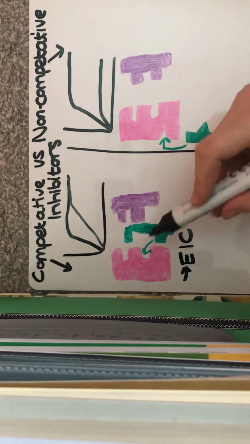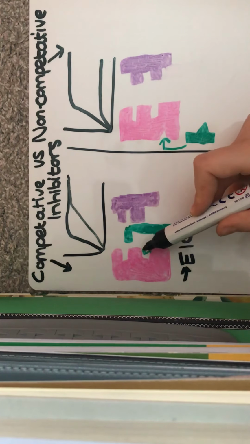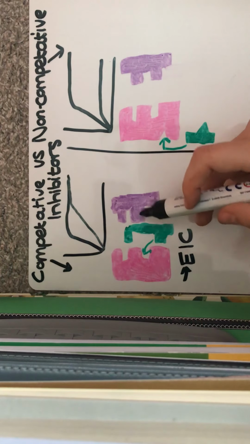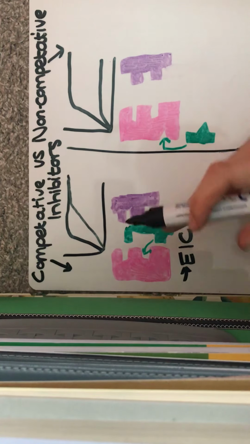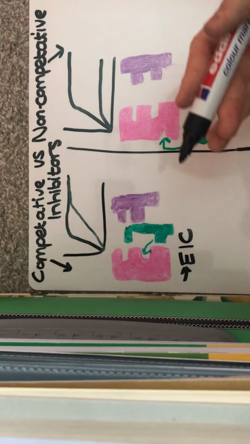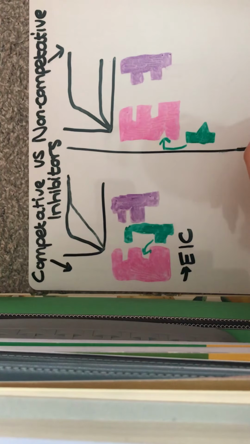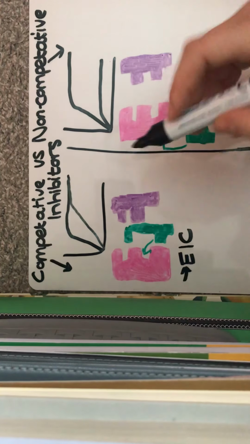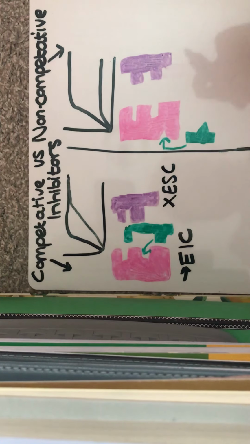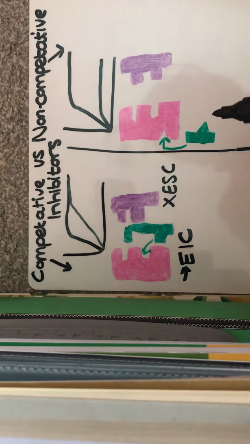And then, if you imagine this as bound there, it's going to block the active site for the substrate. So the substrate cannot bind to the enzyme anymore. So there are no enzyme substrate complexes formed because the competitive inhibitor has blocked it.